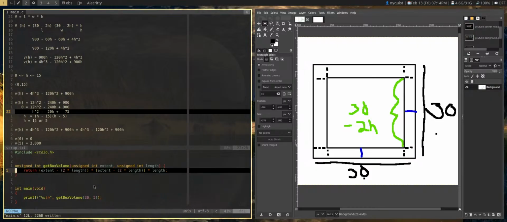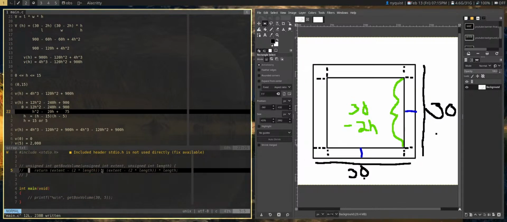Well, maybe our function should solve for h for us too. That might be more in line with what the program does. So we already know that this works, so we can keep this. But let's just say we only had the extent, and forget about the length.